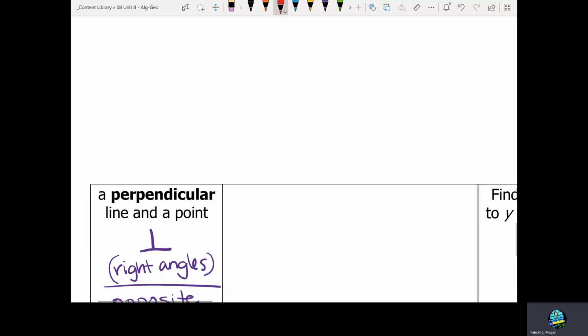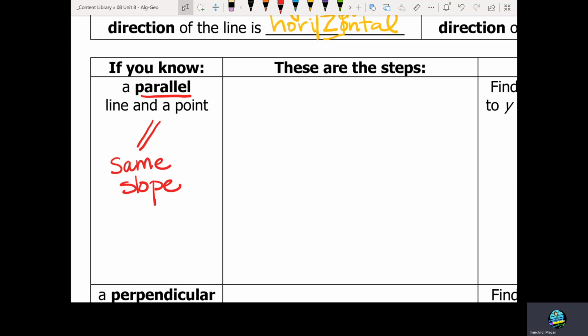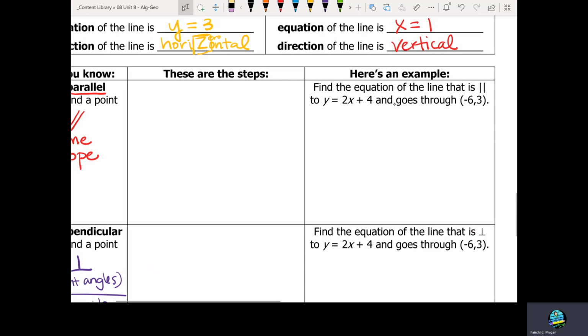So the first one says, find the equation of the line that is parallel to y equals 2x plus 4 and goes through the point -6, 3. So when you see parallel and you see this line here, you're going to look at this slope and know that if it's parallel, we want the same slope for our line. So our slope is going to be 2.